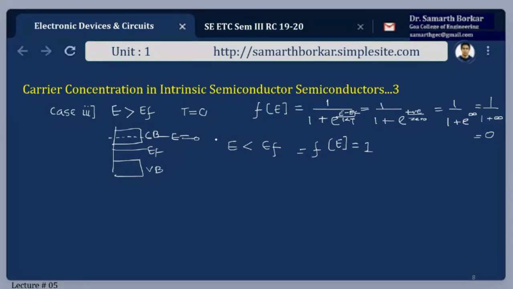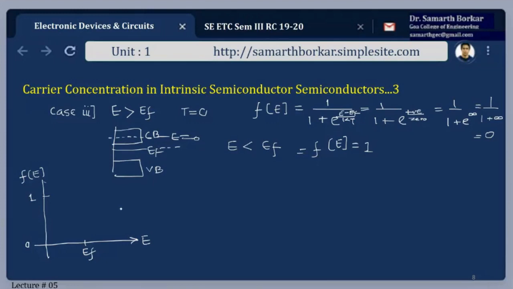Okay. Now let me plot this. I'm going very slow so you all understand this. Okay. So this is the energy level E. This is the distribution F of E. Let me mark this as 1, this as 0. This is the probability of 0 and 100%. At EF, the Fermi level, the reference, the center one.